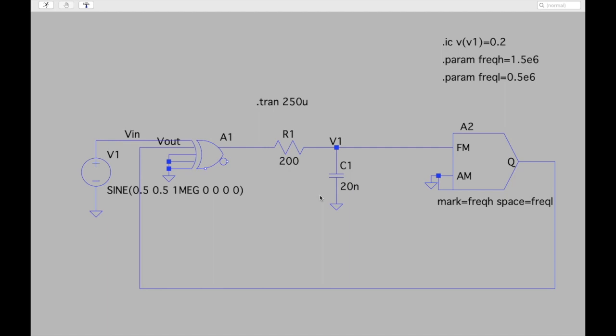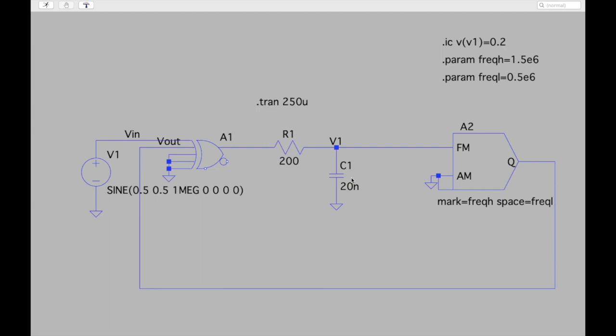To understand this loop dynamics, why increasing this capacitor makes it take a longer period of time to settle, we will try to see by understanding its loop dynamics.